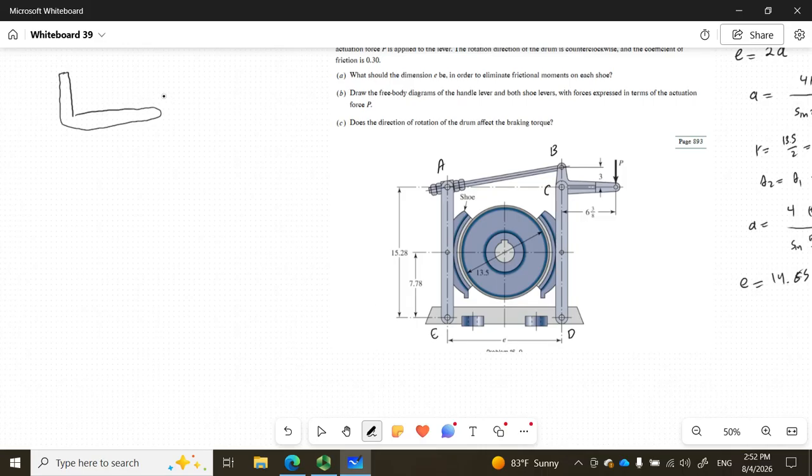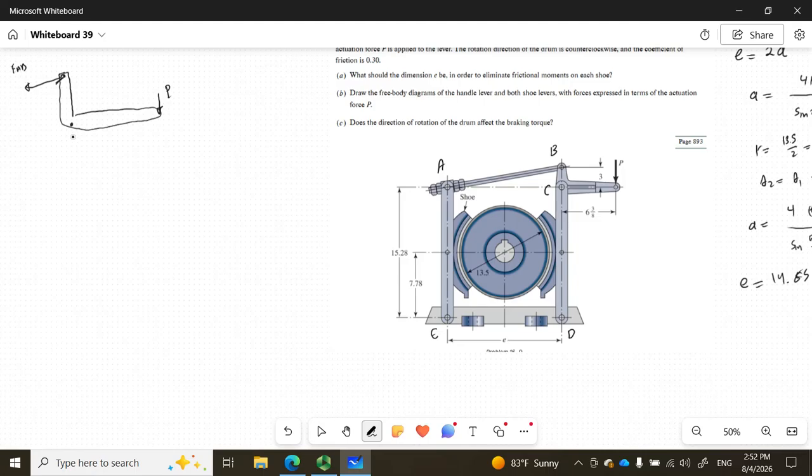So at this point I have this P here, and then here I have, let me erase this. So this is a two-force member here. This is FAB, if I call it.